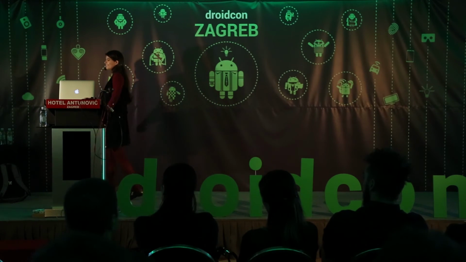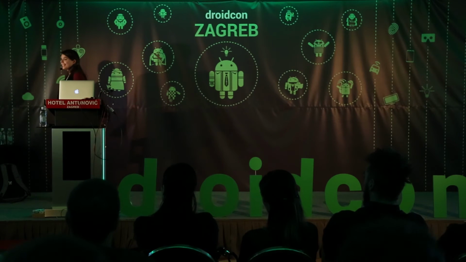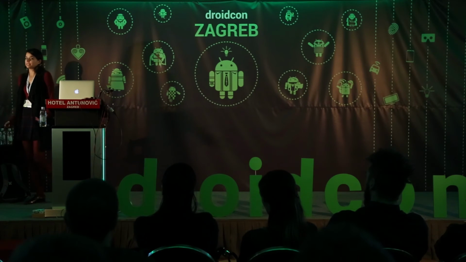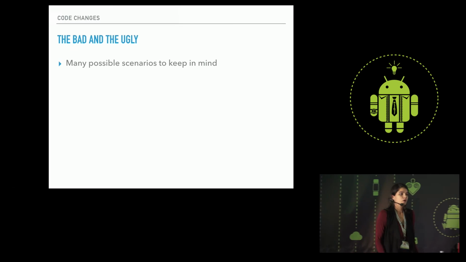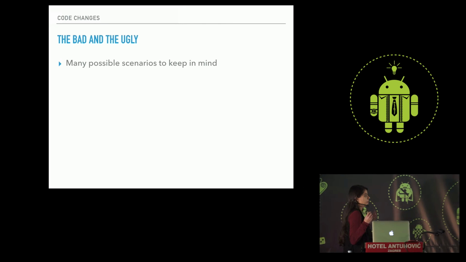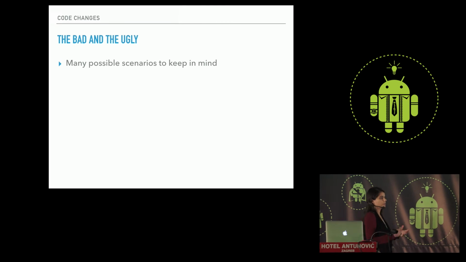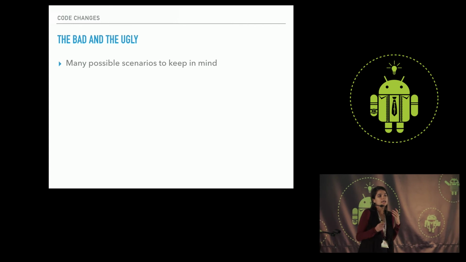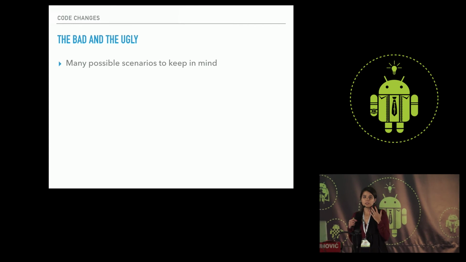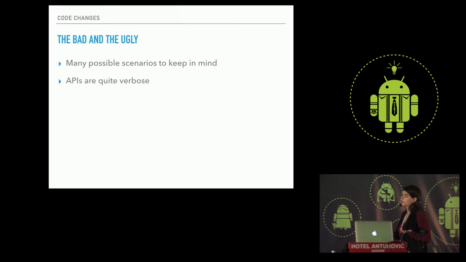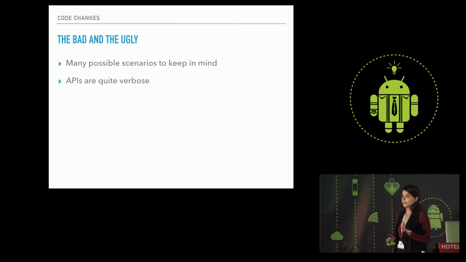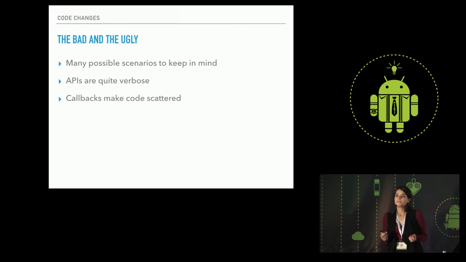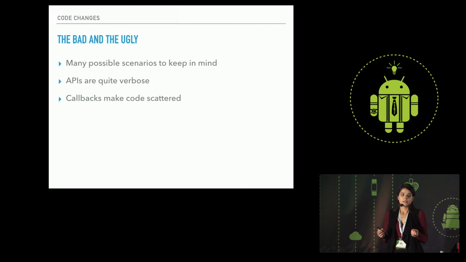So even though this new permission model is great for the user, it's friendlier than the previous one, it can be quite painful for development. There are a lot of possible scenarios to keep in mind, especially if you're working with multiple activities and fragments and multiple permissions which overlap. The APIs are quite verbose. You have seen the callback. And the callback itself makes the code scattered.